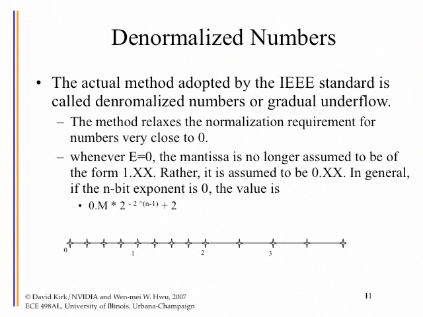So the mantissa now uses this formula: 0.n times 2 to the power of negative 2 to the power of n minus 1, plus 2. And you ask, who came up with that? Let me tell you, it was derived in a very simple way. Professor Kahan looked at the number line and said, remember there were 4 numbers that got flushed to 0 in this format.